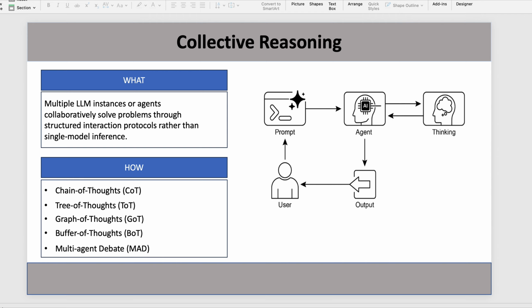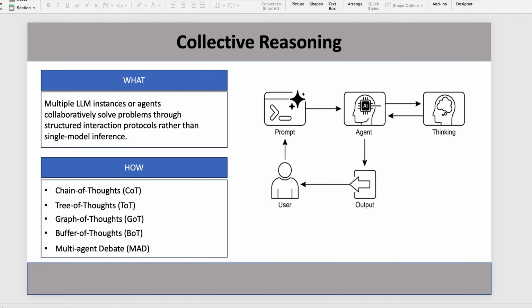The third one is the graph of thought, GoT. The AI connects like a web or network where thoughts can link, combine, and build on each other in flexible ways, not just a straight line like CoT.